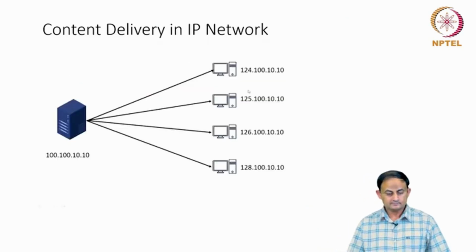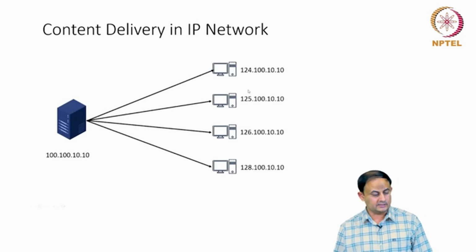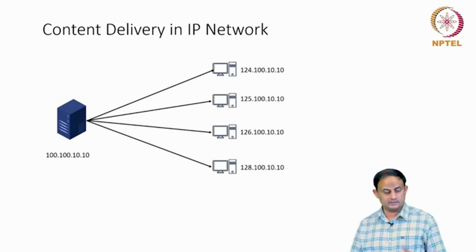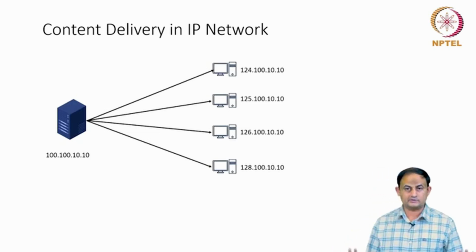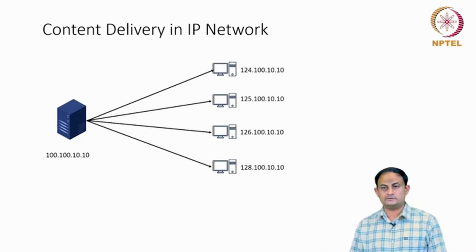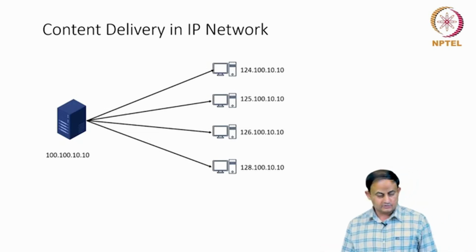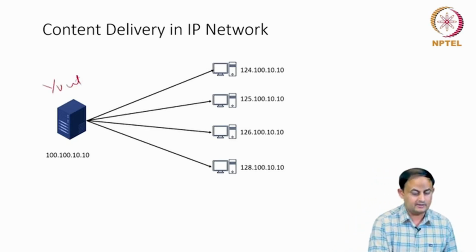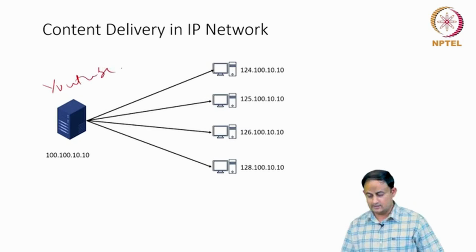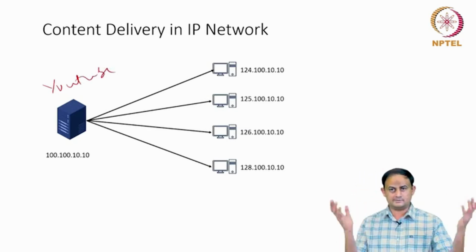So here is a picture which shows, on the left hand side, a server, and on the right hand side a bunch of computers, and all these computers have been assigned an IP address. Let us assume this is the server which is hosting some content, maybe a YouTube server or any other popular web server.